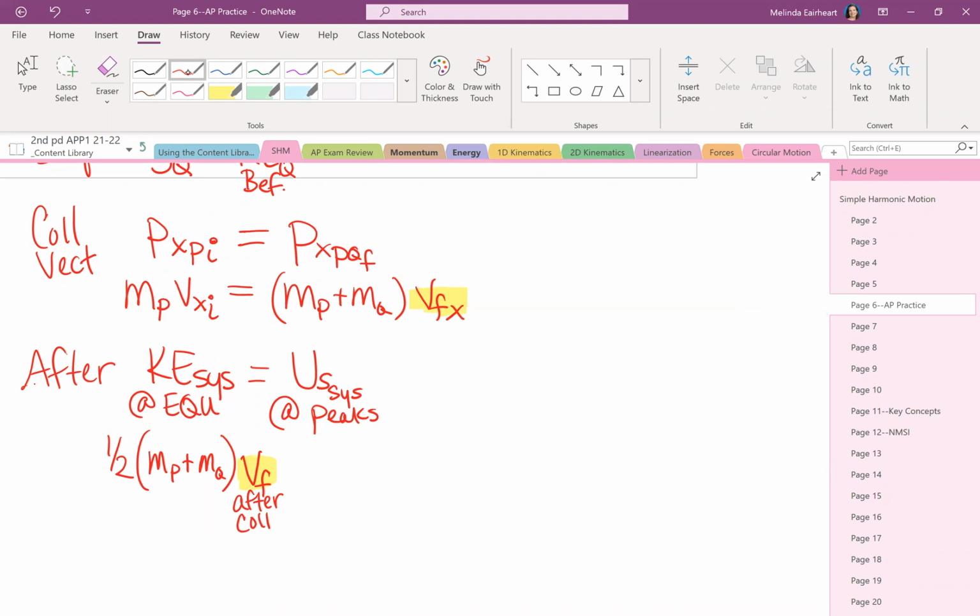After the collision, this is kinetic energy, don't forget to square, equals 1/2 K delta X squared. And K is based on the spring. That's going to be a constant, right? And this delta X, well, actually, I can erase that. What is delta X of your oscillation, your maximum? That's the amplitude we're looking for, right? So I need to compare this after the collision.